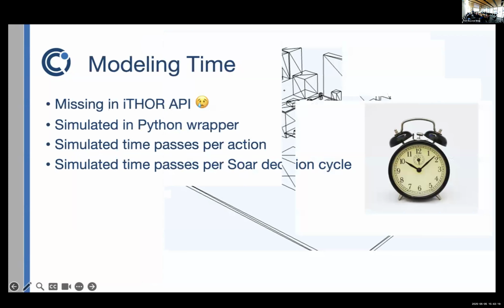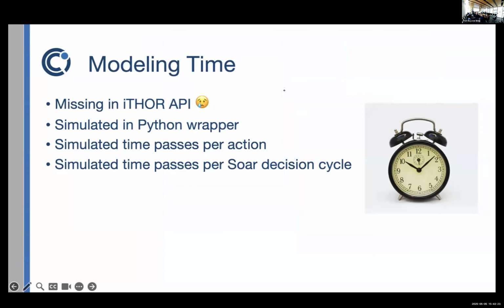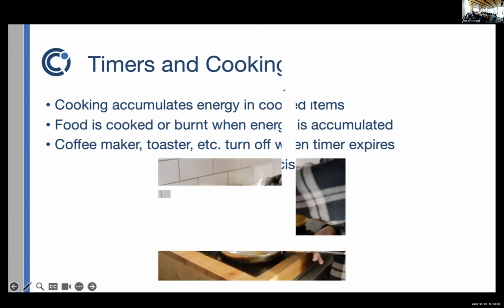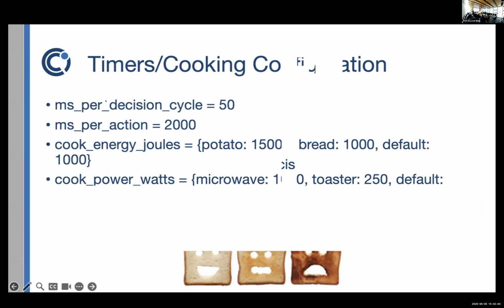Last thing before I get to Jim's part: AI2-THOR doesn't have any conception of time. You can't say move time forward this amount and tell me the state of the scene after that. So for complex timers, such as cooking things in the microwave or on the stove, we have to model all of that in Python. It's configurable in this way.